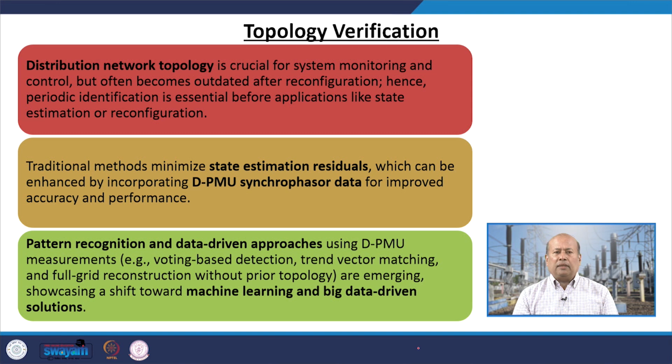Pattern recognition and data-driven approaches using D-PMU measurements, for example voting-based detection, trend vector matching, and full grid reconstruction without prior topology, are emerging, showcasing a shift towards machine learning and big-data-driven solutions.